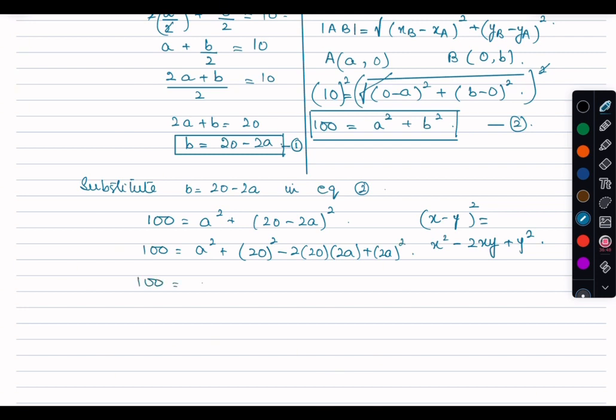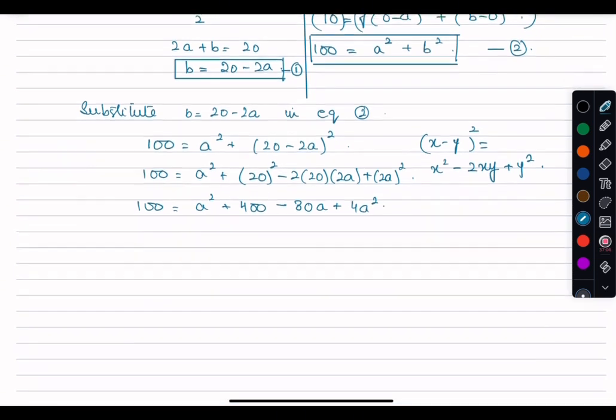So 100 will be equal to a square plus 20 square, which is 400, minus 2 into 20, that's 40, 40 into 2 gives me 80a, plus 4a square.